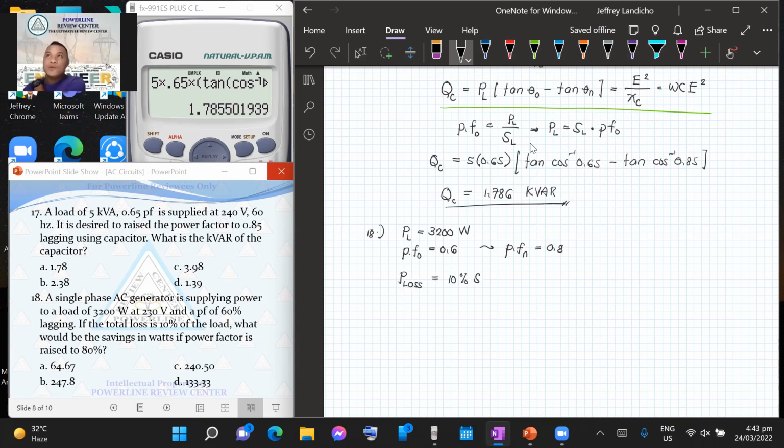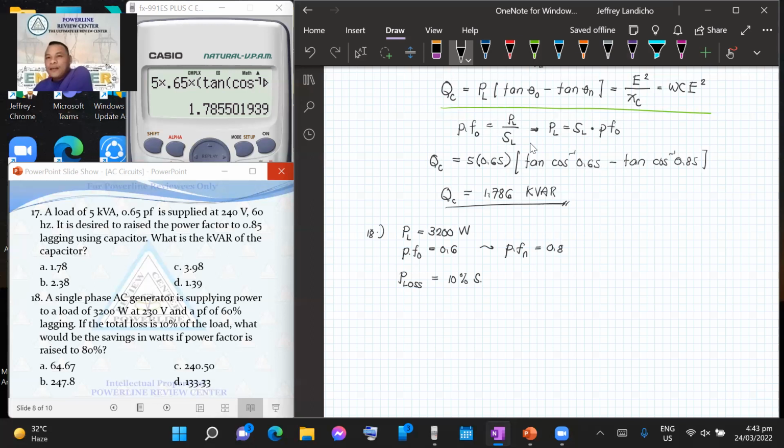Sino ba yung load na sinusupply ni electric cooperative pagdating sa mga customer? Hindi lang real power ang sinusupply niya. Actually, it is apparent power. Kaya nga yung ating mga transformer, anong rating? Naka-kVA, apparent power. So that is the apparent power of the corresponding load, no?